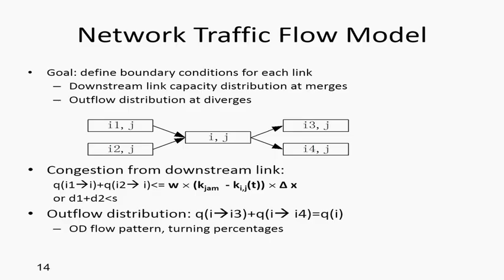We need to first of all decide the proportion of capacity split for those two incoming sections, and then when we try to simulate the agent moving, we need to flip the coins, to run a random number generator to generate random numbers, so that I can decide at a given rate how an agent moves from one link to another link. Similarly, when you have this diverge intersection or diverge freeway section, you need to simulate the queue spillback along the freeway.